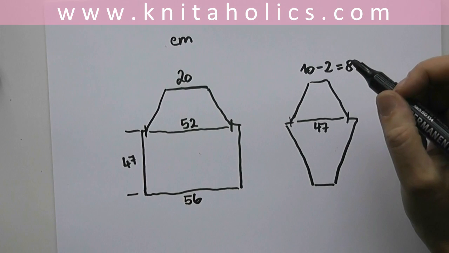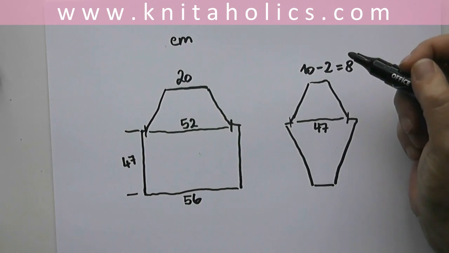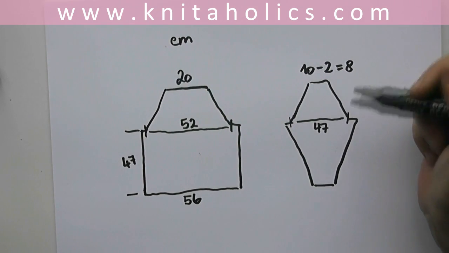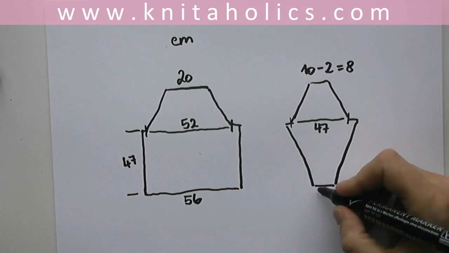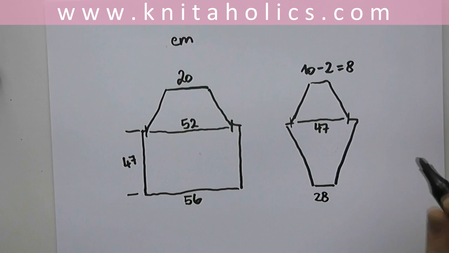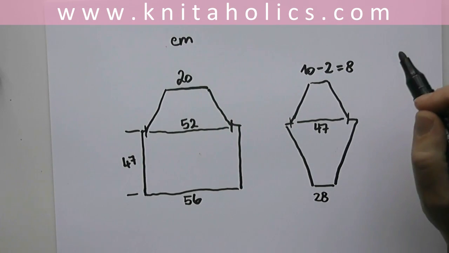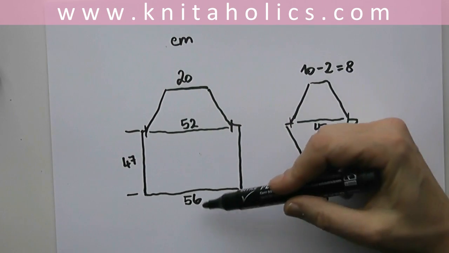Half of the hip circumference is 56 centimeters. Quarter of the hip circumference is 28 centimeters for the bottom of the sleeve.